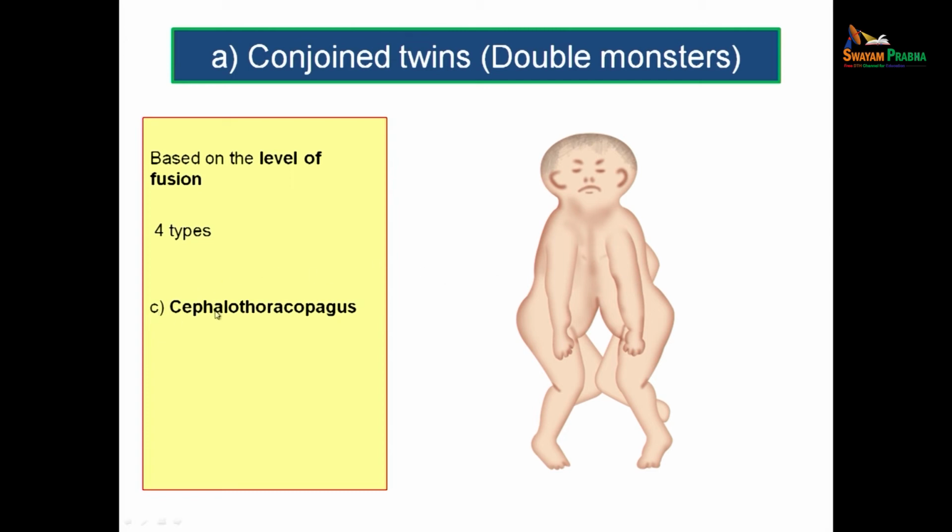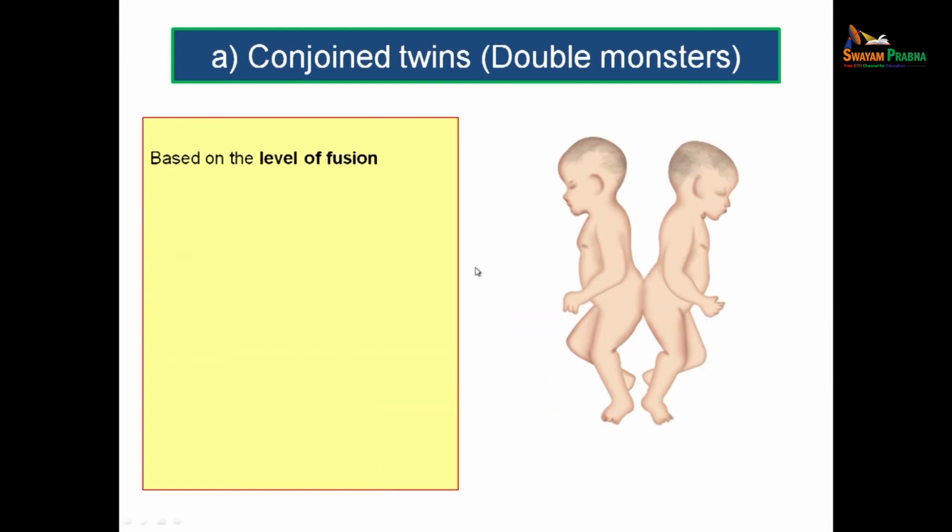As the word implies, cephalo means head, thoraco means thorax. So, if the fusion happens at the head as well as in the thoracic region, you call it as cephalothoracopagus.